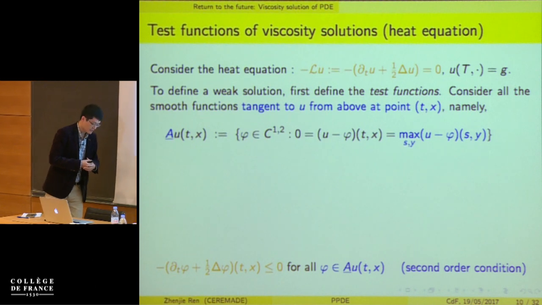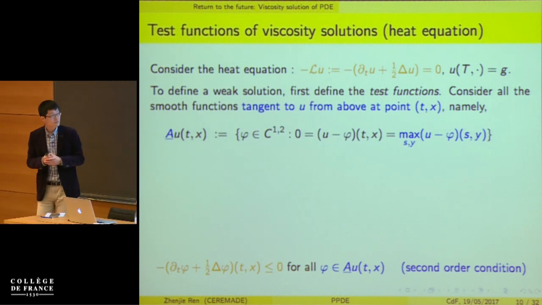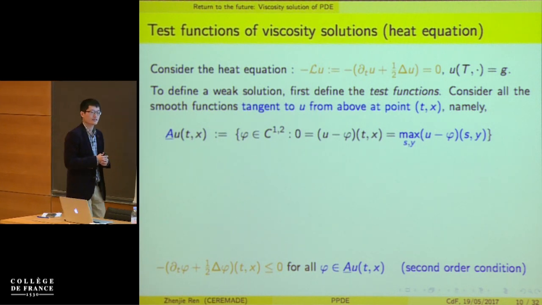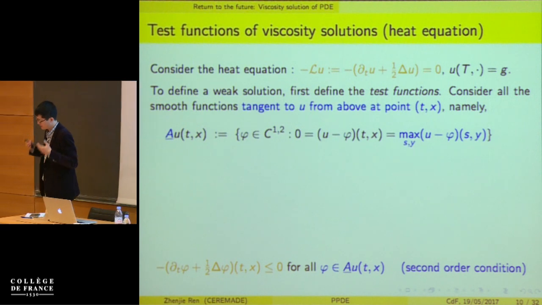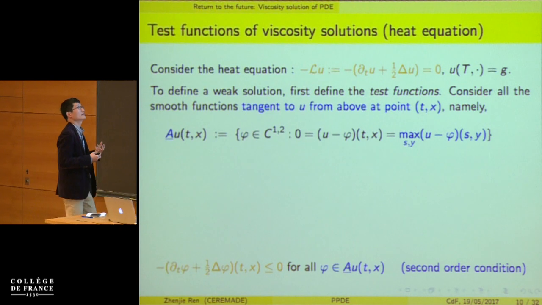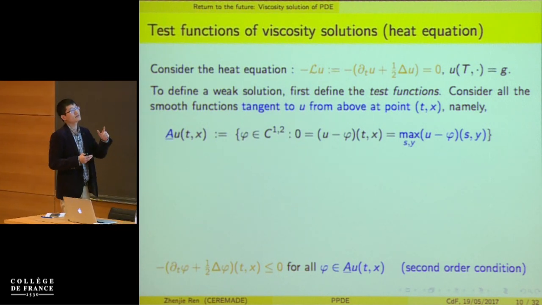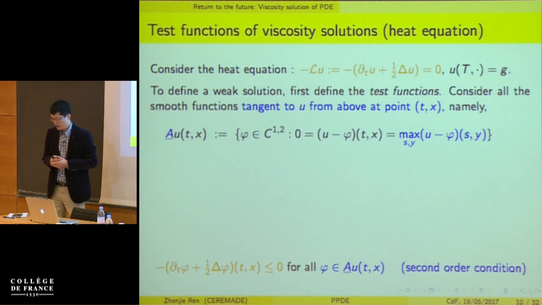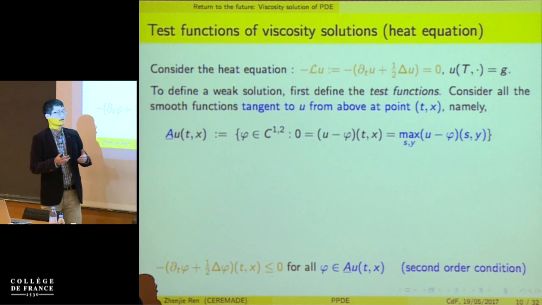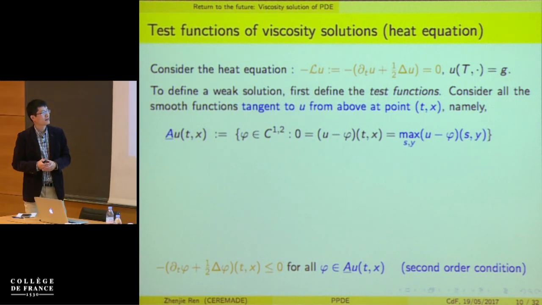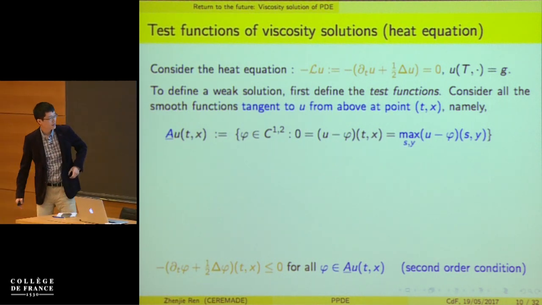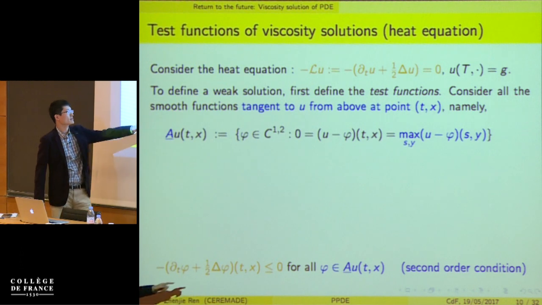By considering those test functions phi, if we assume that u is a smooth function, of course it's not, but assume it in mind, then since u minus phi reaches its local maximum, by the first and second order optimality conditions, we know that the t derivative of phi should be equal to that of u, and the Laplacian of phi should be bigger than the Laplacian of u.